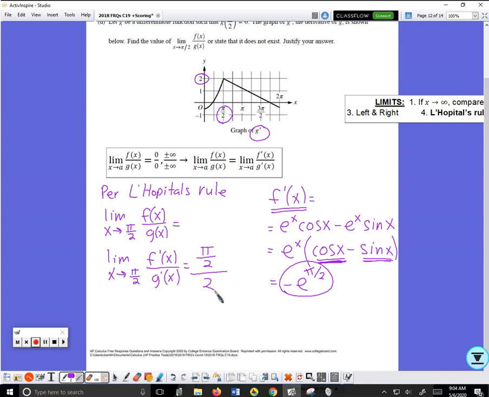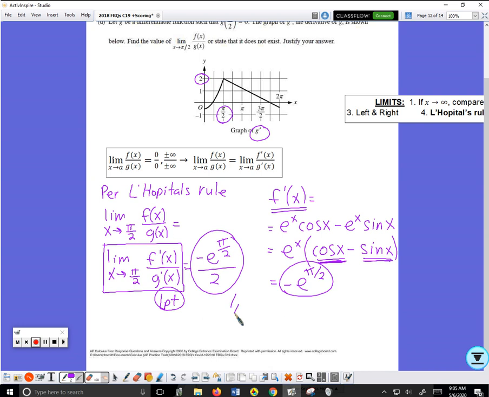The answer is negative e to the pi over 2, all divided by 2. 2 points for this one. 1 point for recognizing that you had to apply L'Hopital's rule and find that derivative, and then a second point for finding that value.